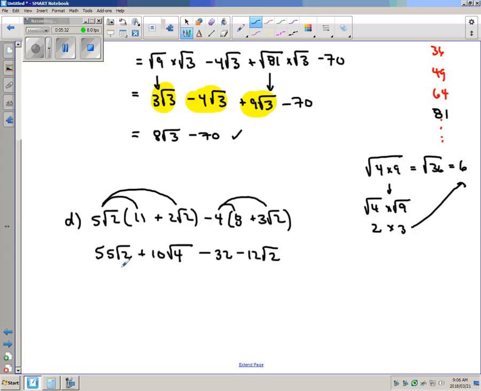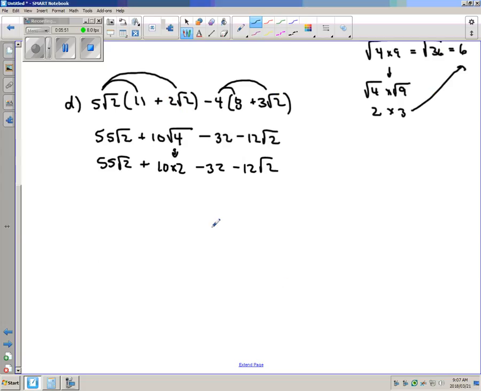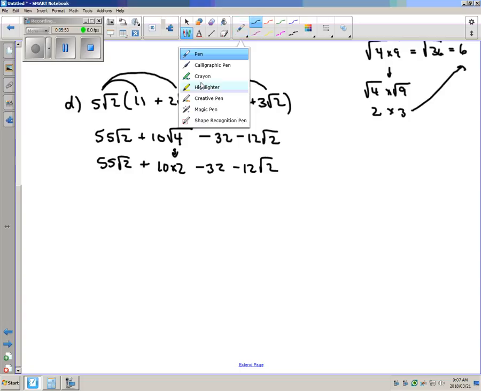Now we're going to clean this up. We've got 55 root 2. Don't forget that root 4 is just a 2, so I can write 10 times 2. I've got my 32 and my 12 root 2. So bottom line, I can collect my like terms.